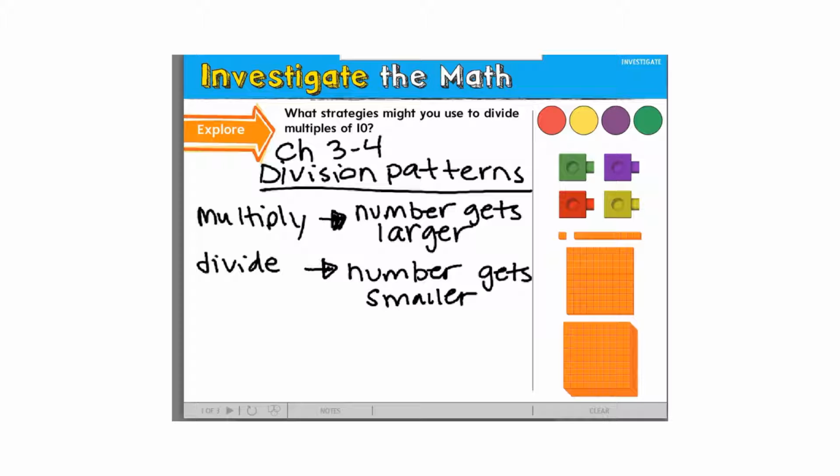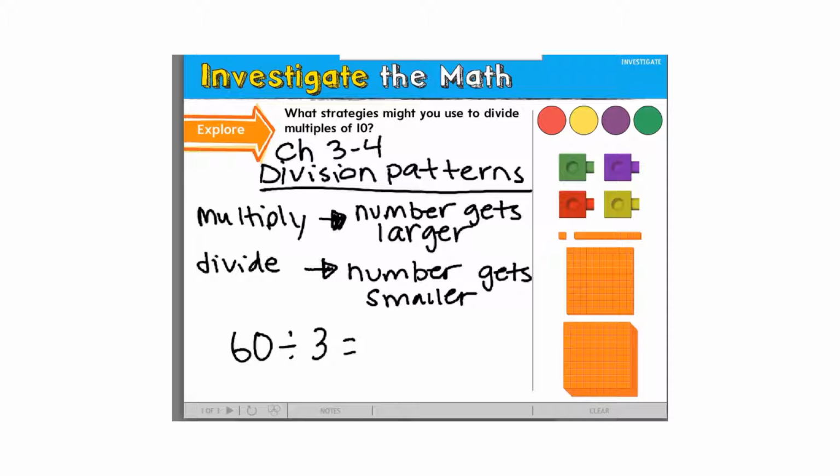So that's a good way to check your work at the end, is to make sure that when you're dividing, your number is actually getting smaller. So for the first example I'm going to give you, if I'm dividing 60 divided by 3, my number should be smaller than 60.